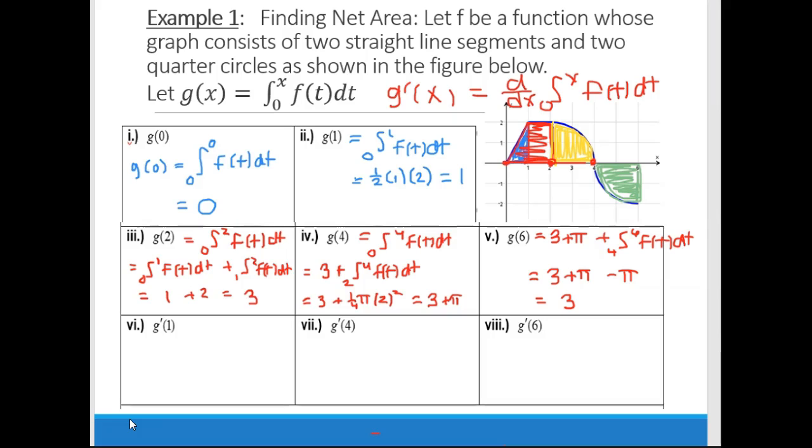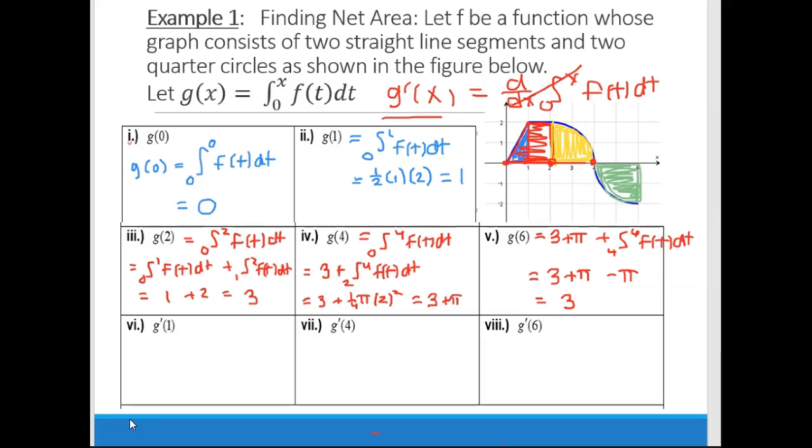So in calc, the derivative and the integral are inverses. They're canceling properties. So if I take the derivative of the integral, both with respect to x, that cancels. So what does that tell me?